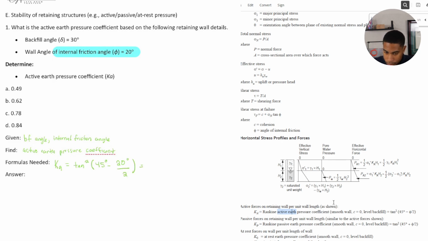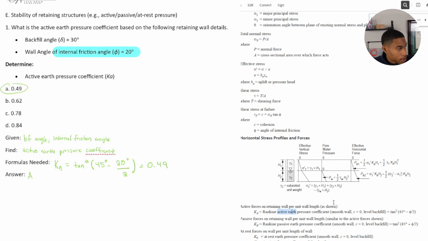And when I solve for that, I get my active earth pressure coefficient to equal 0.49 for A.